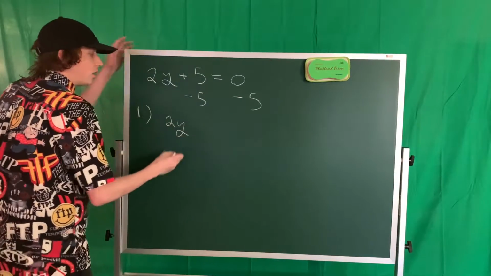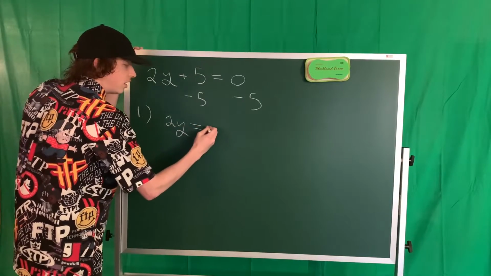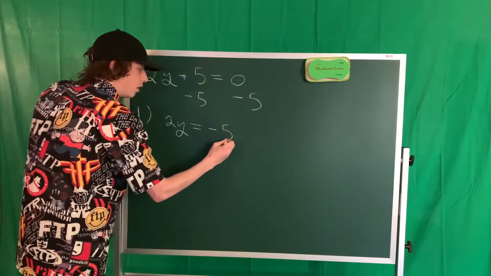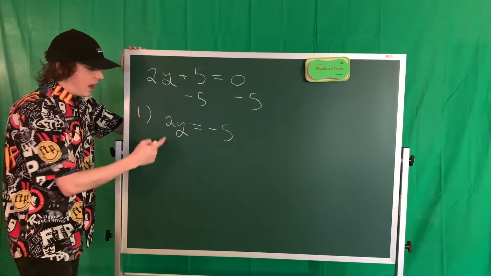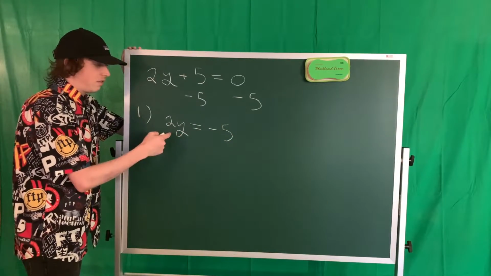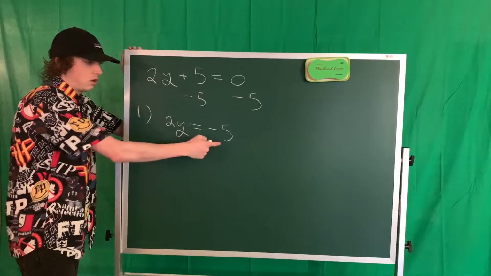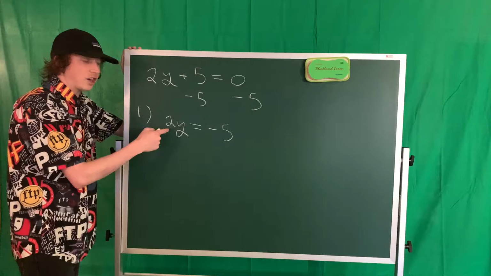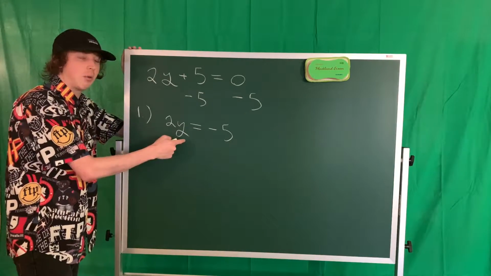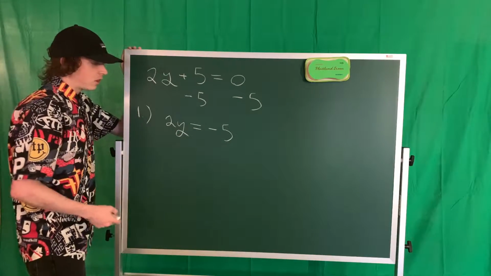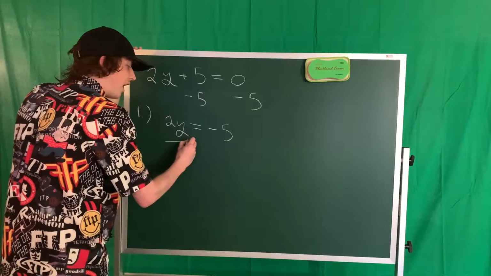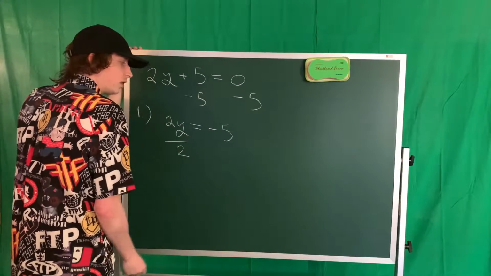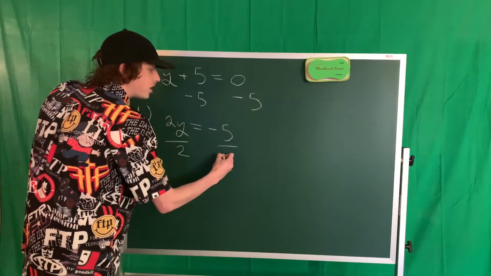2y is equal to -5. Now, all we have to do is divide the 2 from the y onto both sides. When we see 2y, it's actually 2 multiplied by y and whatever value it is. So we're going to divide this by 2, and we're going to divide this by 2.